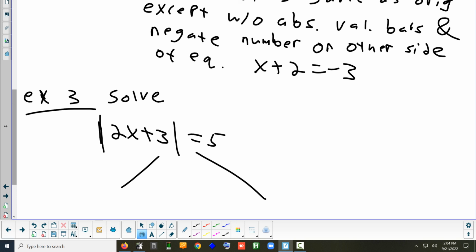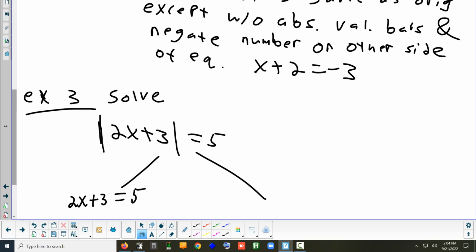I want to split this into two equations, and I'm looking for the first one. So right now, we don't have an equation yet. We need to turn this into something we can solve. 2x + 3 equals 5. So there's your first equation.